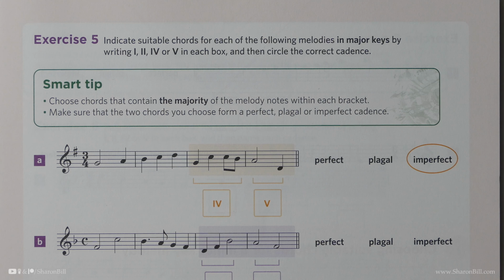Let's press on, moving on to pages 51 and 52 of the Grade 5 Discovering Music Theory workbook, where we get the opportunity to describe the chords as implied by a melody line. Everything that we've covered so far, nothing changes, it's all there, it's the same principles.